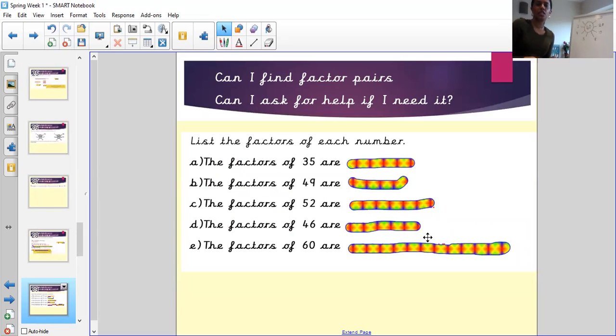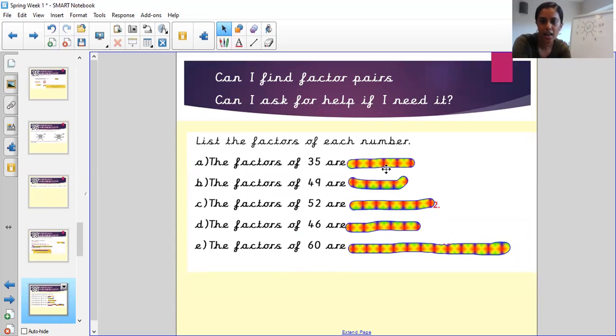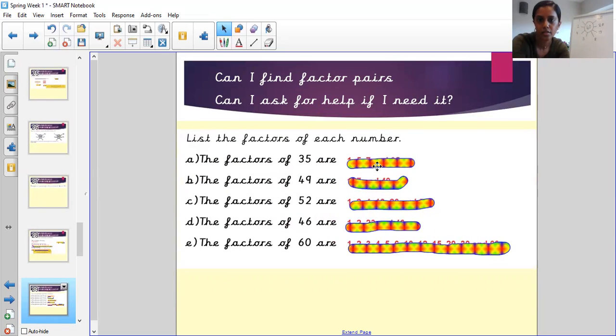So here is another challenge for you to complete, just like I have done on my board. You can do it on your paper using a spider factor to complete these. So remember, pause the video and press play. I will reveal the answers for you. So let's have a look. The factors of 35 are 1, 5, 7, and 35.